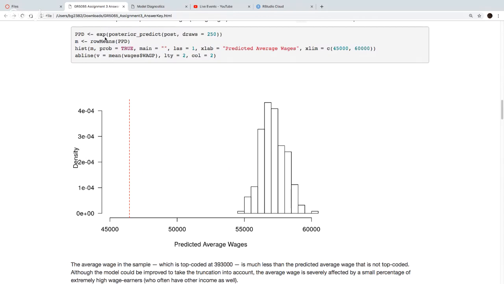So we anti-log the posterior predicted distribution of log wages, put it back into dollars, and we see our beliefs about the average wage in Oregon are reasonably well concentrated between 55,000 and 60,000, but the average in the data was only like 48,000, something like that.